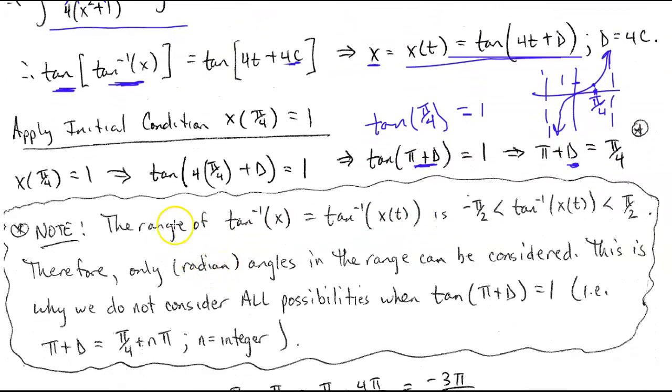And so all that I'm explaining here in this note is just basically saying that, hey, since we got tangent inverse and tangent, and we were able to get x of t by itself by this, then we have to assume that with tangent, we're only using this fundamental period for it. Okay?